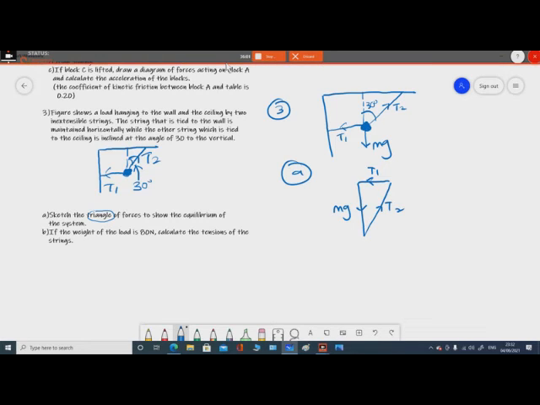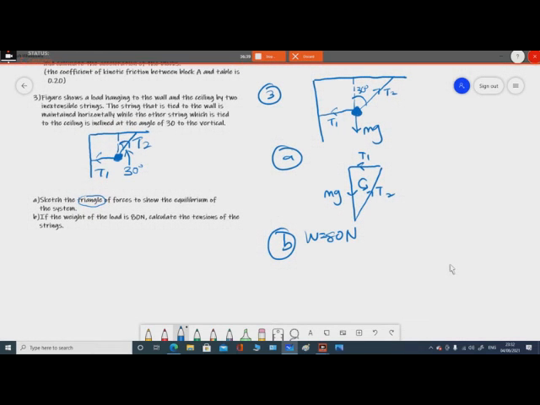As we can see, the direction of the forces goes in an anti-clockwise direction, and this shows that the system is in equilibrium. Okay, so this is the answer for part A. Let's move on to B. If the weight of the load is given as 80 Newton, calculate the tension of the string.